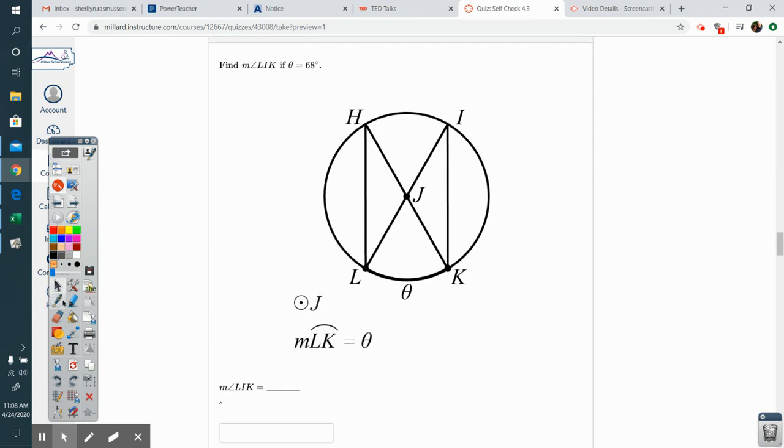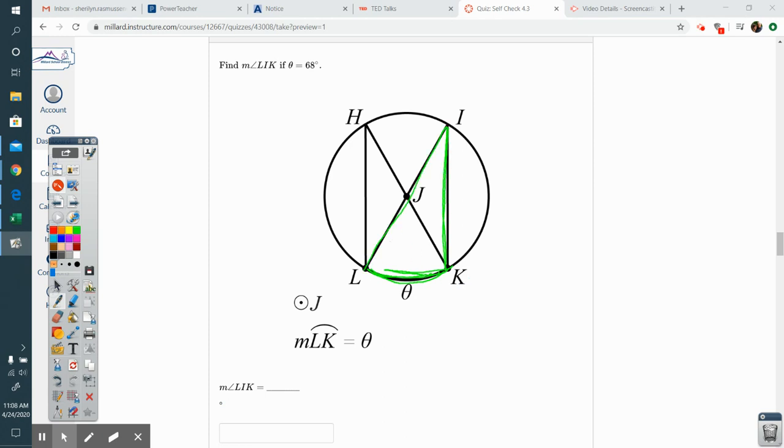Okay, so find the measure of LIK if theta here is 68. Do you see how it kind of curves, it doesn't go straight around the center, it goes through the center here.